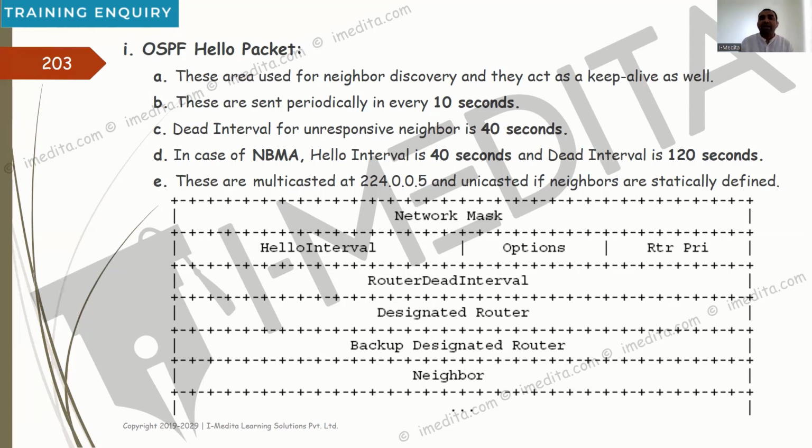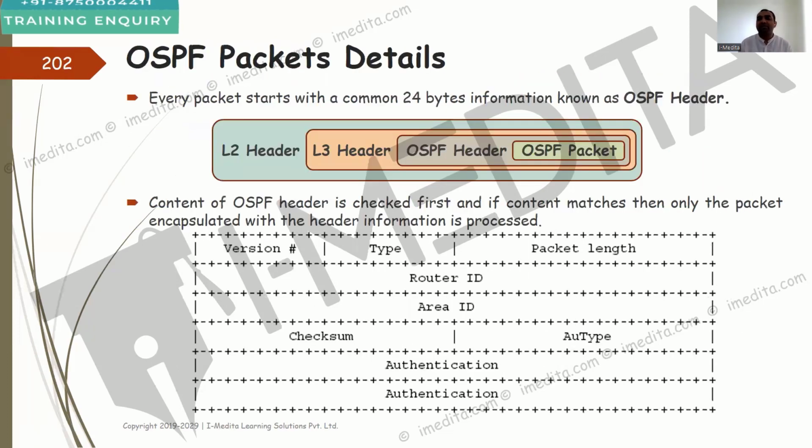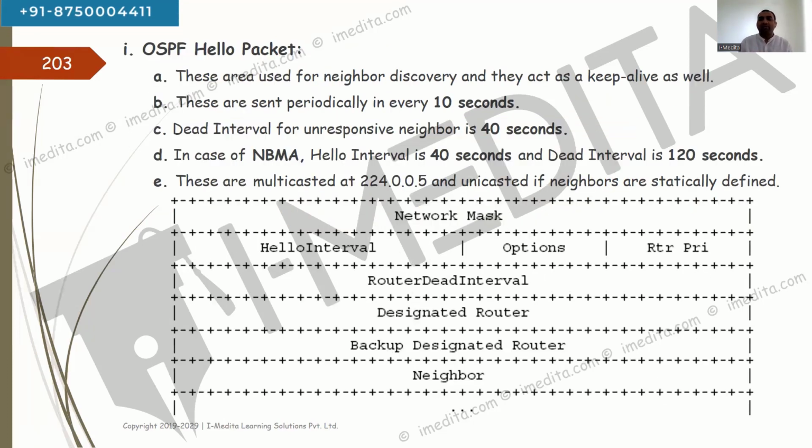Now the hello packet contains all this information that you can see. The header is going to be common, like previously we saw this header information. So your hello packet is going to start with this header, and then it will be followed by all these fields, like the subnet mask of the interface. Let's say you enabled OSPF on one of the interfaces of the router.